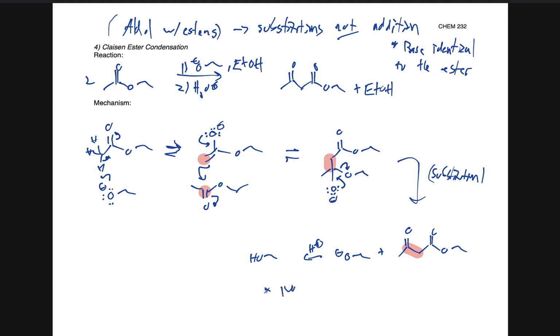Notice there's no alpha, beta unsaturation occurring, right? We're not forming that alkene there because we already have a leaving group that is left. We can't really do that again like we saw with the aldol, where we can remove the OH. Here, we're just kind of stuck at the carbonyl site, right?